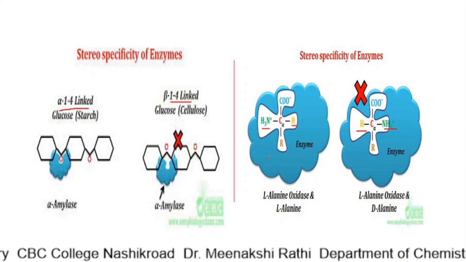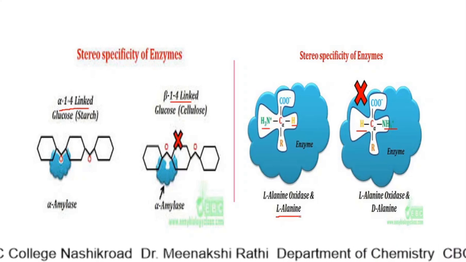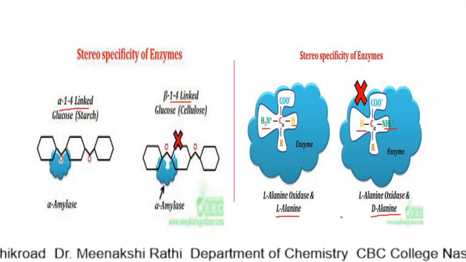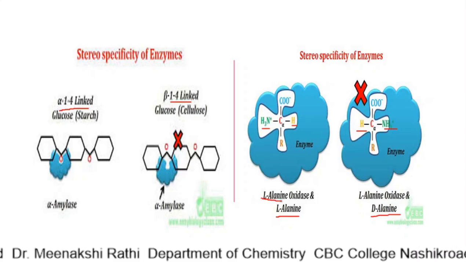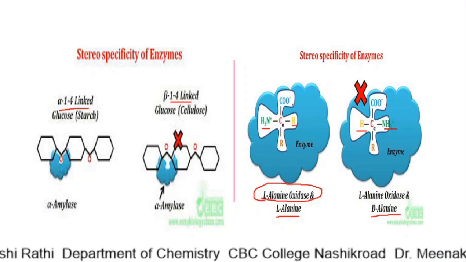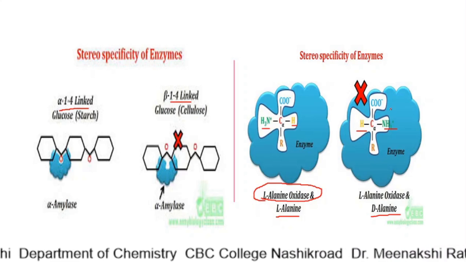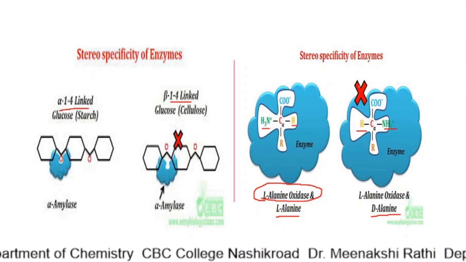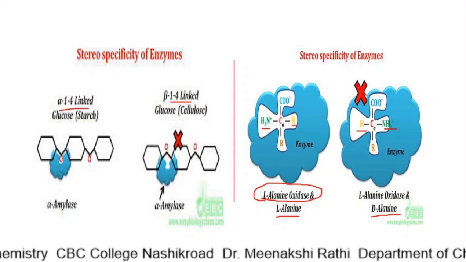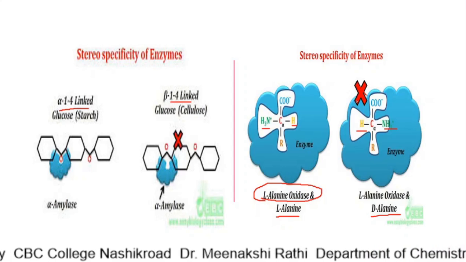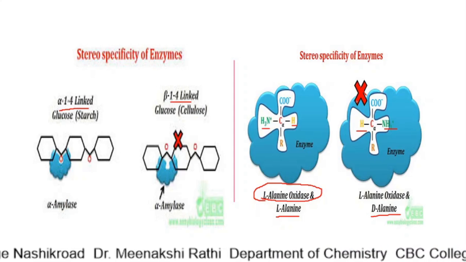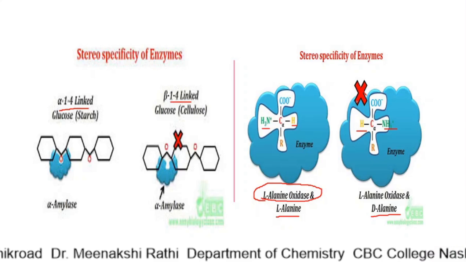So this is L-alanine and this is D-alanine. The enzyme L-alanine oxidase can catalyze L-alanine, but L-alanine oxidase cannot oxidize D-alanine. You can see this cross. So this is a stereospecific enzyme.